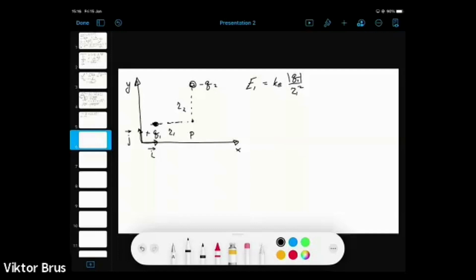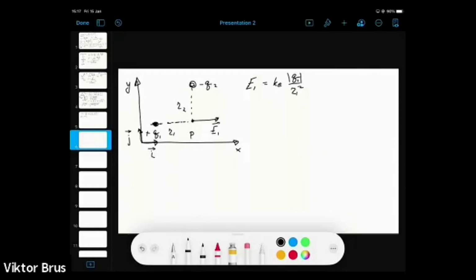So we have this line, and that means that this electric field E1 is directed along axis X, because this line which goes through the charge Q1 and point P is horizontal. It goes in parallel to axis X. So this is our E1 vector.